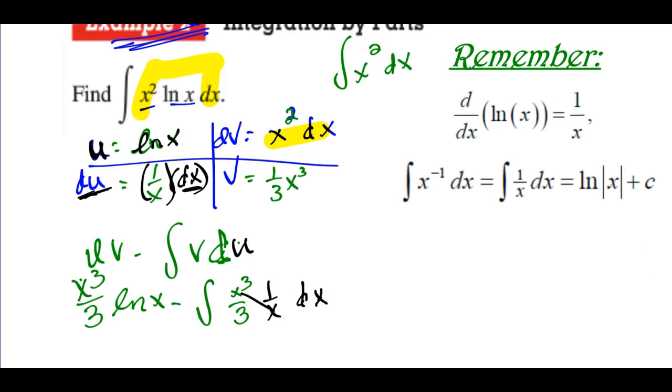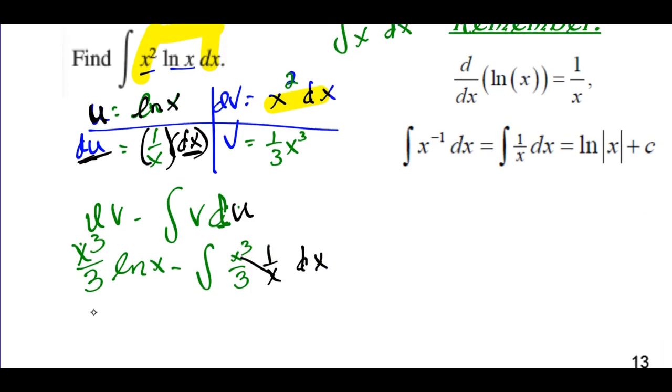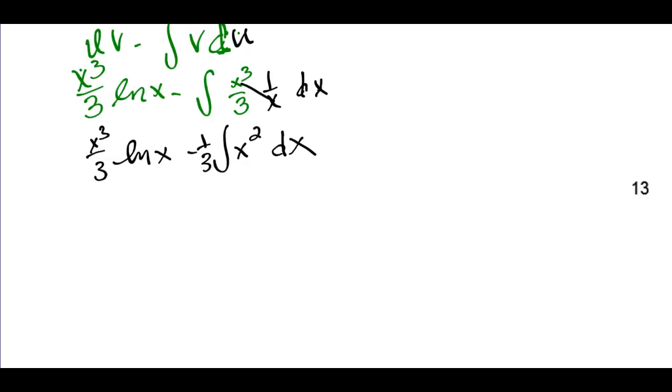So this simplifies here to be x cubed over 3 ln of x minus the integral of, well, I can pull out the 1/3 x squared dx. So this is x cubed over 3 ln of x minus 1/3.